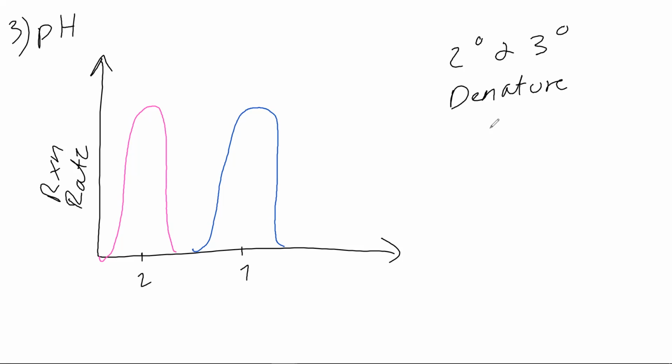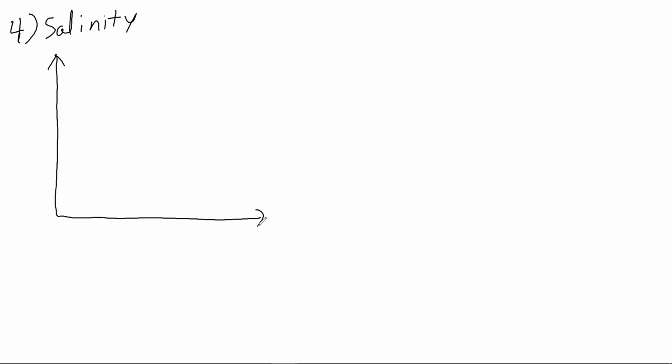All right, everybody ready to move on to number 4? Yes. All right, let's do number 4. What does the word salinity mean? Salt concentration. Yep, it's all about salt. This one follows a similar graph. You got your concentration of salt here.